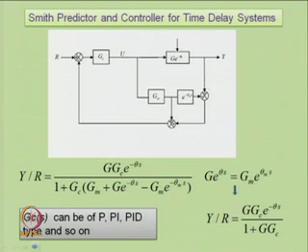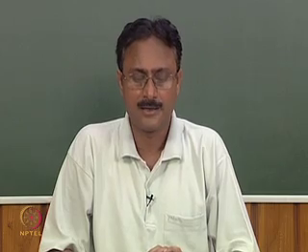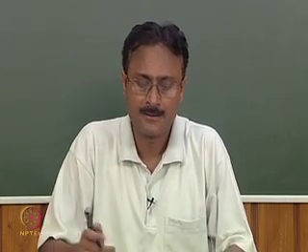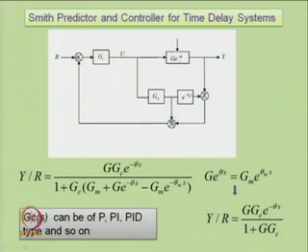This is totally different from the earlier three types of compensation schemes, in the sense that G e to the power minus theta s represents the actual process, whereas Gm e to the power minus theta m s represents the process model.